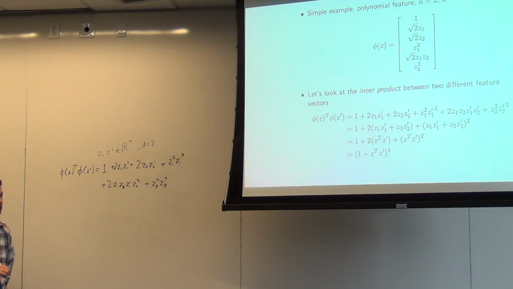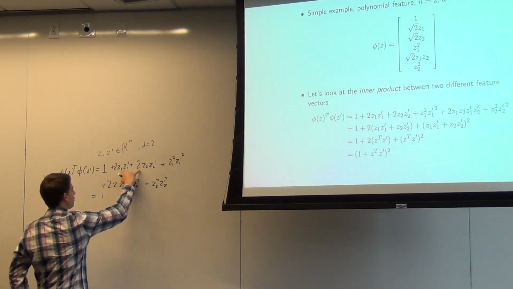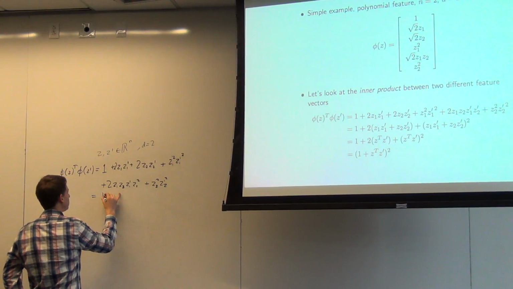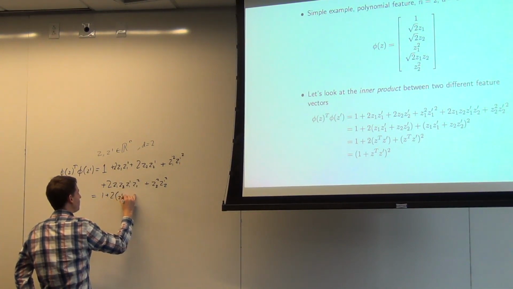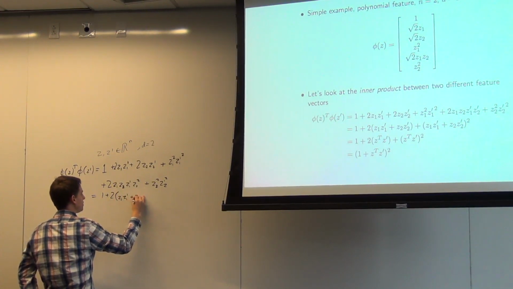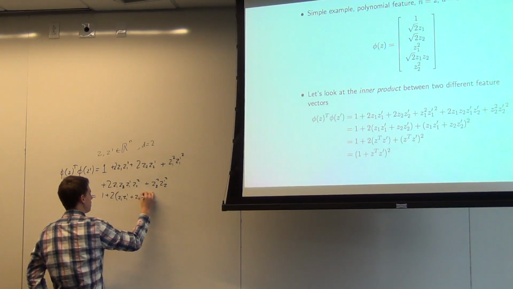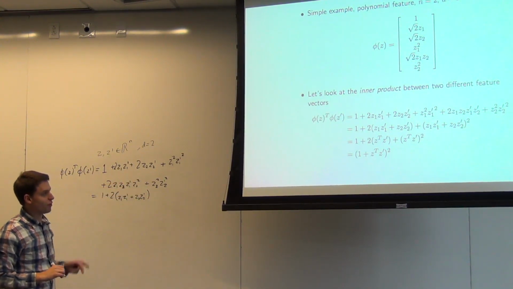Okay, now let's just group terms here. We'll just leave the 1 as it is. Let's group these two terms here: 2 times z1 prime plus z2 prime. Plus these things, and these things can be written in an interesting way.